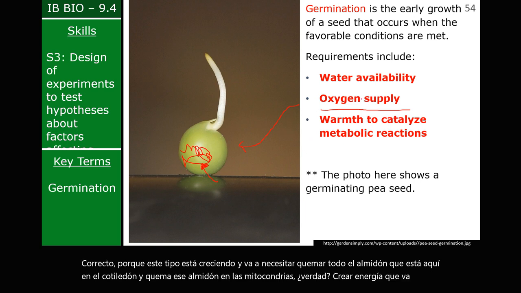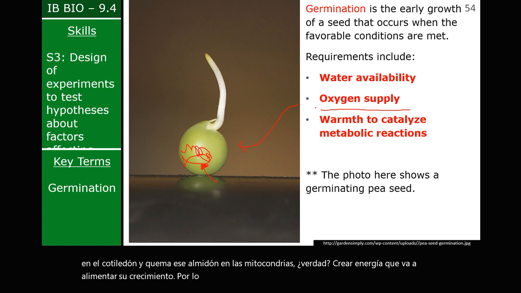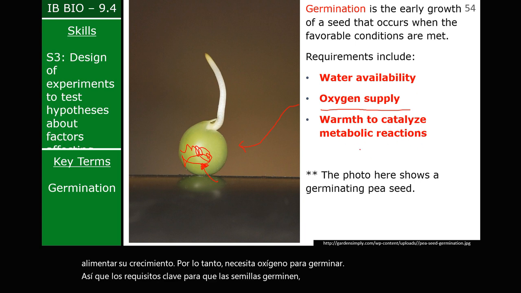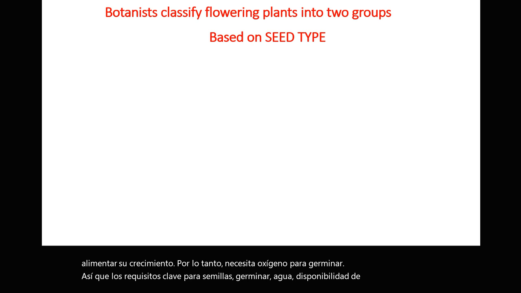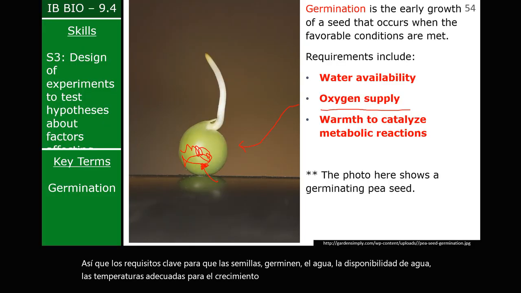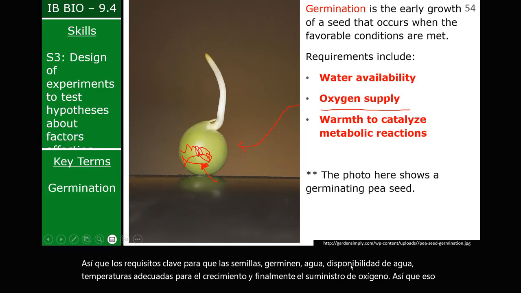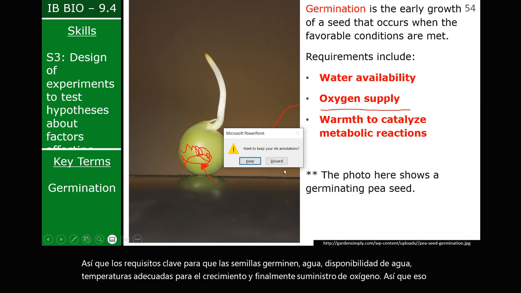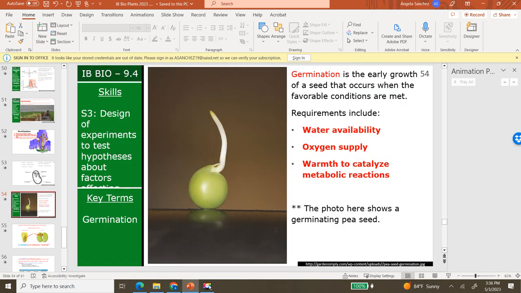So it does need oxygen in order to germinate. So key requirements in order for a seed to germinate: water availability, appropriate temperatures for growth, and then finally oxygen supply. So that's going to close out our topic 9.